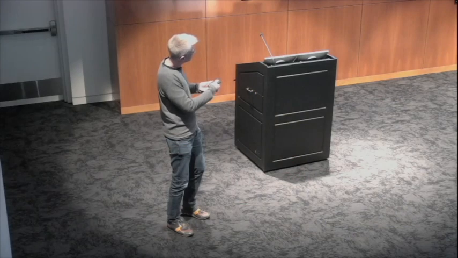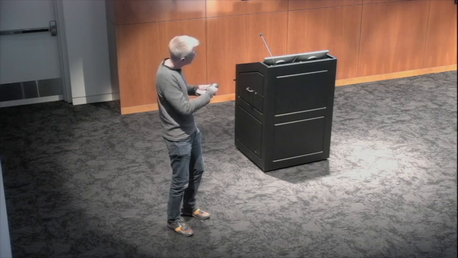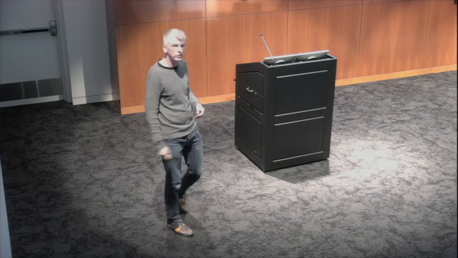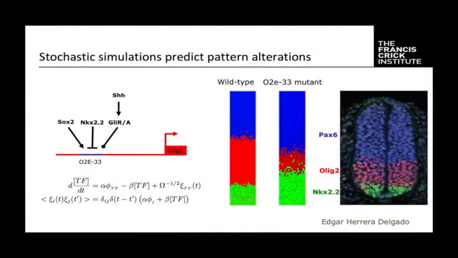So you can see that the size of the OLIG2 domain is diminished, particularly the dorsal limit is now closer to the ventral neural tube. But more importantly, you can see the precision of the OLIG2 NKX2-2 boundary is also decreased.